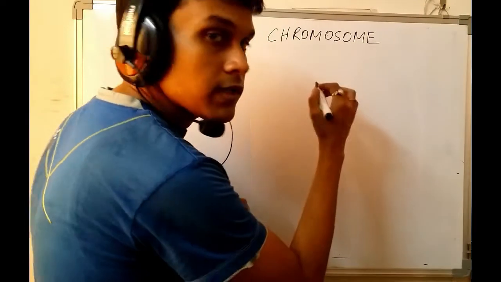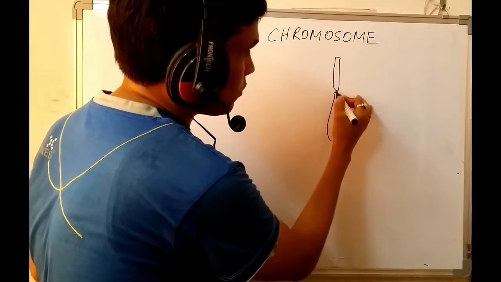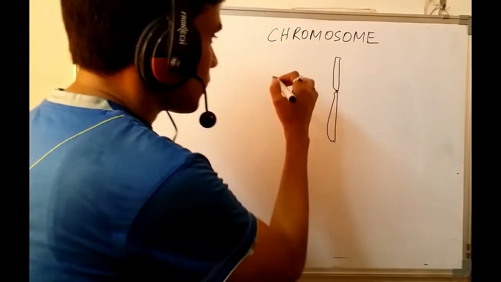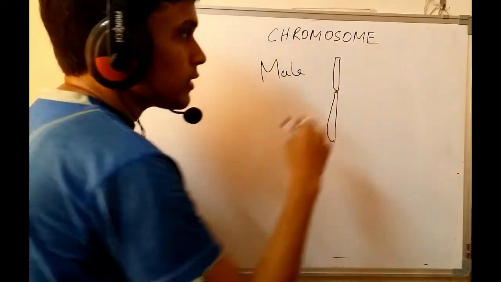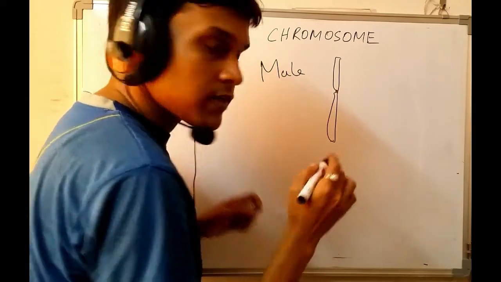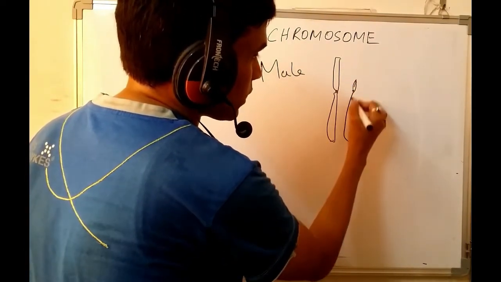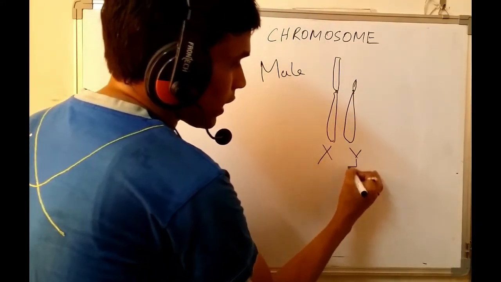If I consider the X chromosome, suppose this is the X chromosome, in the human male there is no second X chromosome. Instead, there is one Y chromosome. This is the X chromosome, this is the Y chromosome.